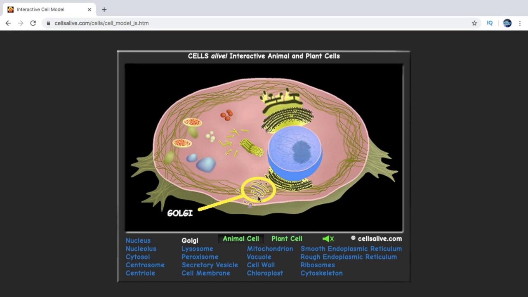Now, another thing that we have here is the Golgi. Sometimes we call this the Golgi body, sometimes the Golgi apparatus. This one is like the packaging section of the cell. Okay, so packaging section of the cell po siya.